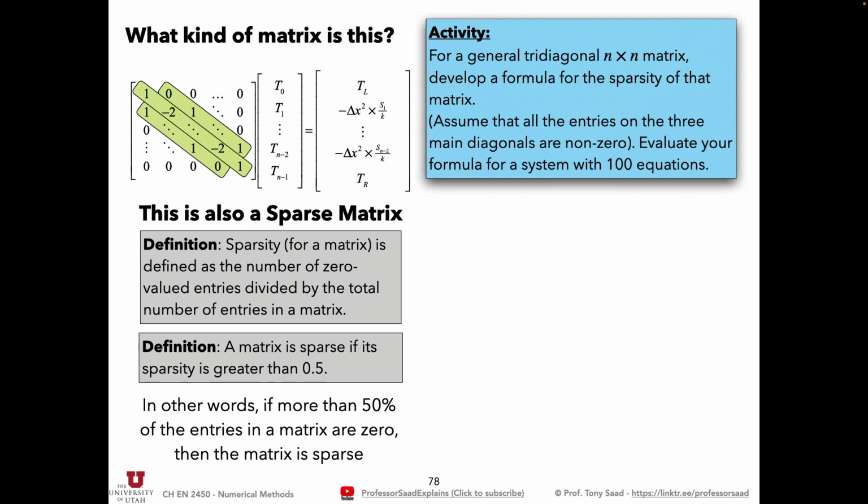Now go figure out how many zeros you have in a tridiagonal matrix. So this is a great exam question. I'll give you a matrix structure, and I tell you, give me a formula for the sparsity, or get the sparsity of a given matrix. Okay?